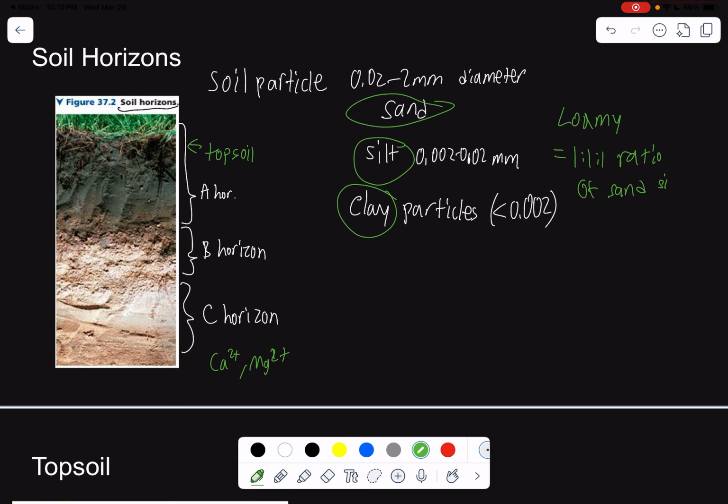This is because if there's too much sand, the soil has too much internal space for roots to properly adhere to the soil. And if there's too much clay, the soil will retain too much water and the plant won't be able to get any. That's why we want equal parts of sand, silt, and clay.